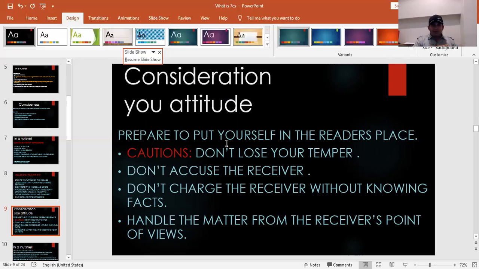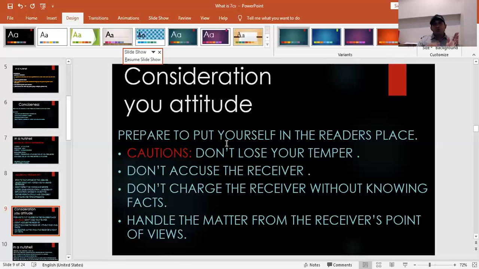Prepare to put yourself in the reader's place. If the writer has not put himself in the reader's place, he will not be able to write a good word or a good message. What to do? Give respect to Mr. You. Okay?